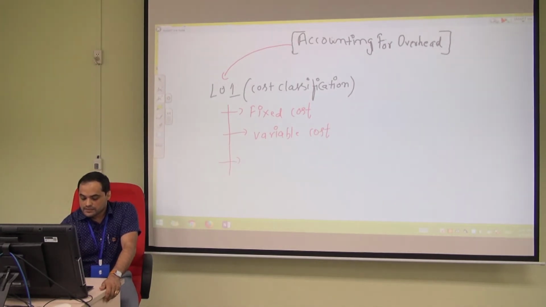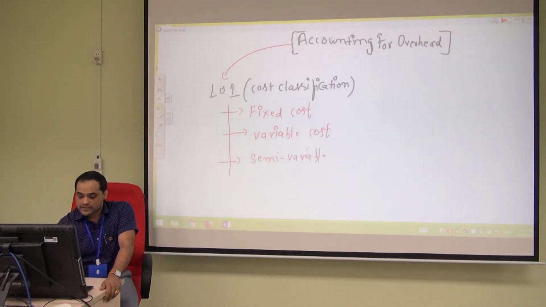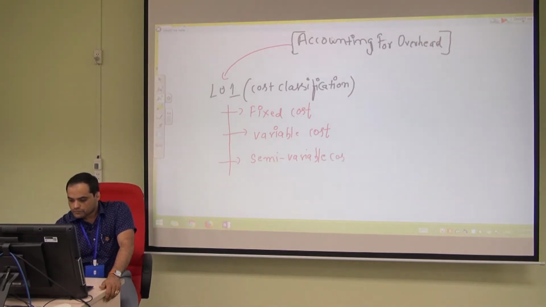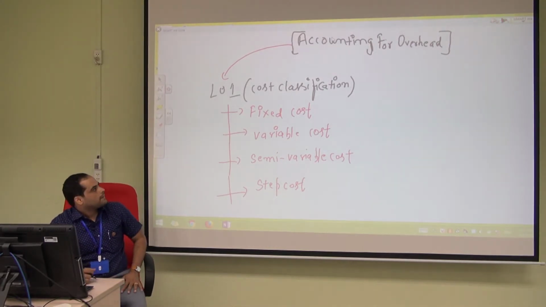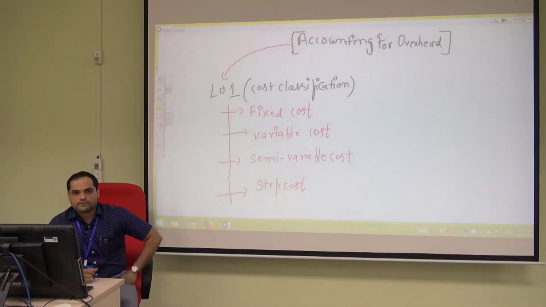Third one is a semi-variable cost or semi-fixed cost. Sometimes we call it semi-fixed or sometimes semi-variable. And the last one is a step cost. So we talk about the fixed cost.